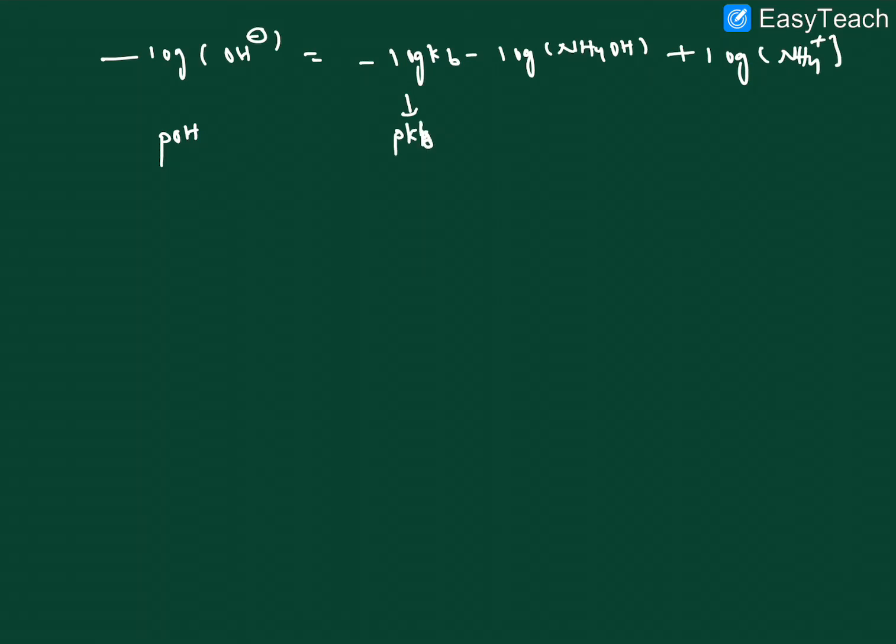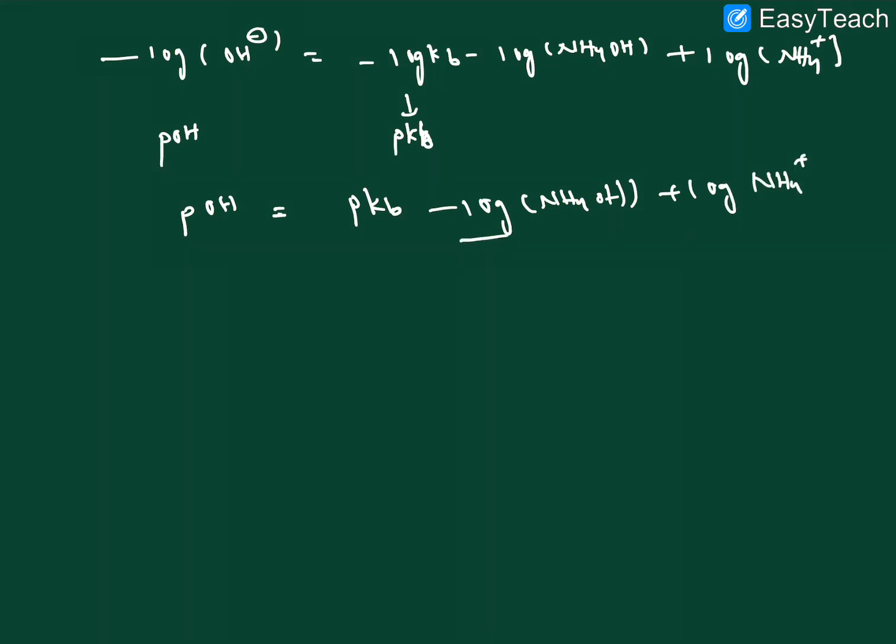Negative log Kb is equal to pKb. Apply this here. pOH is equal to pKb minus log NH4 plus ion, and here place log of NH4OH. So with the log, the negative sign is taken, the downside we have to write upside.